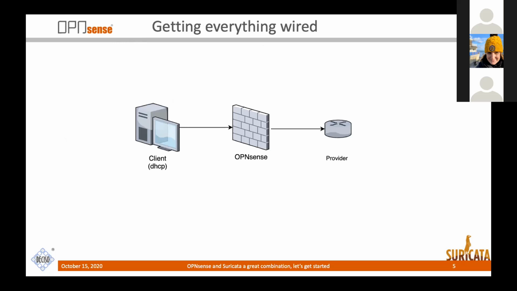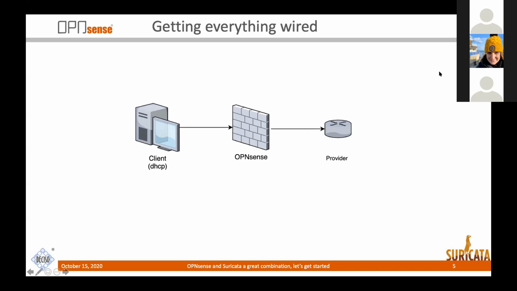So let's see. We start with a basic configuration for this demonstration. What you see on the left side is one client, which is on the LAN side of the firewall. And of course, OPNsense in the middle. And on the right side, we have our provider. What we have set up here is the basic setup of OPNsense.